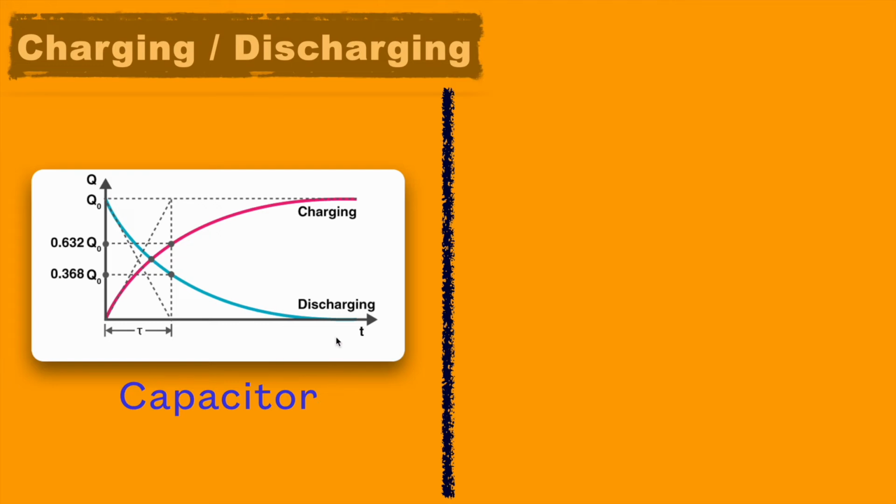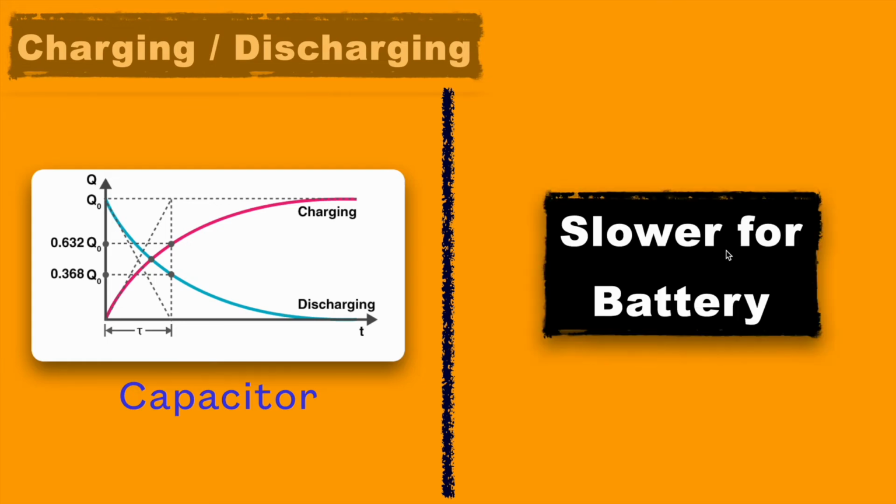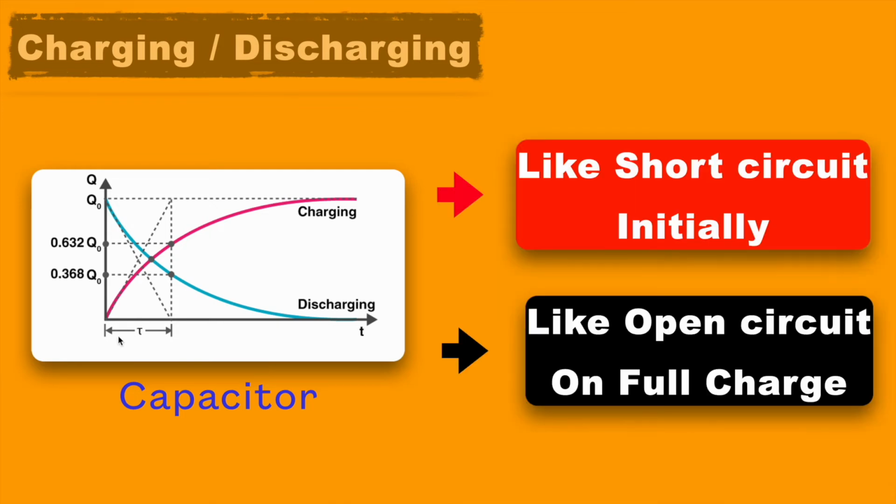Another difference: the capacitor's charging as well as discharging time is very short, while the battery's charging and discharging time is in hours. When the capacitor is connected to the voltage supply, it starts accumulating charge on its plates.